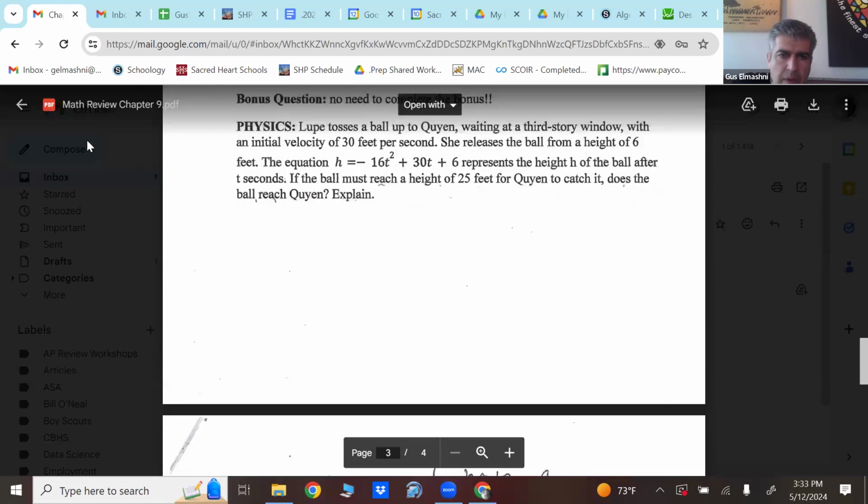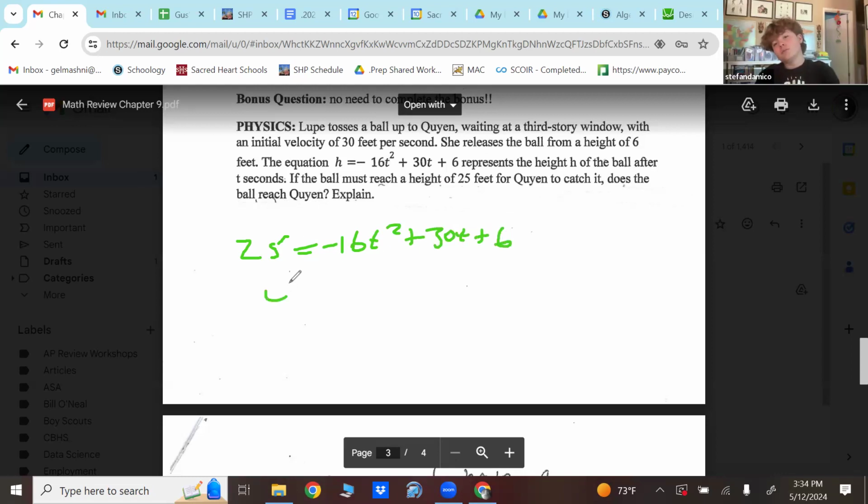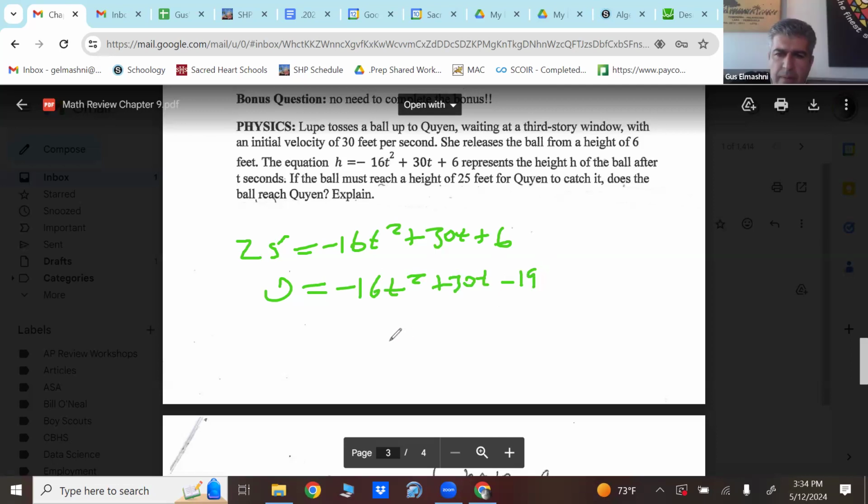Never mind. Okay, so 25 equals all this junk. And then I think I have to do quad form after this.